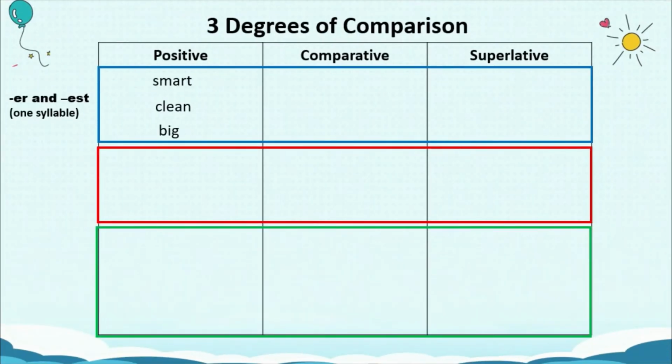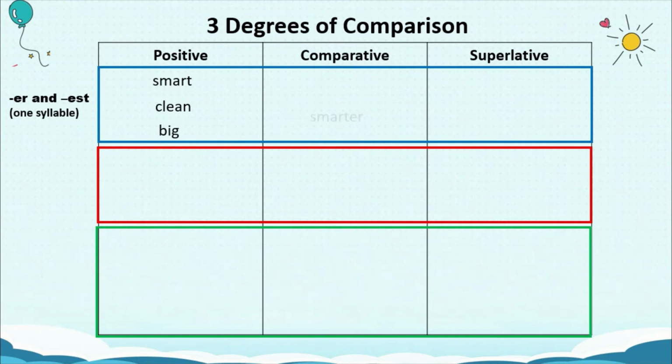Here are the rules in the degrees of comparison. The first rule: if a word has only one syllable, for example smart, clean, and big, we add -er in the comparative form and -est in the superlative form.